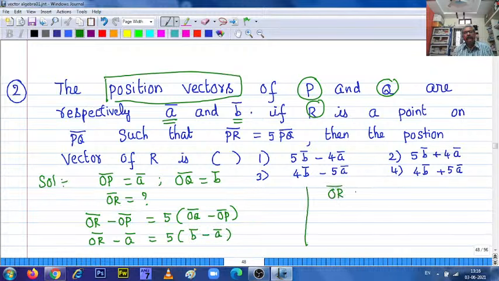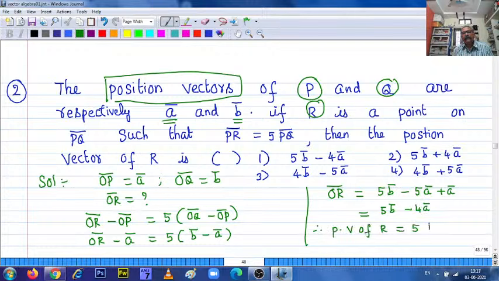OR bar is equal to 5B minus 5A plus A bar, so this is 5B bar minus 5A bar plus A bar, minus 4A bar. Therefore the position vector of R equals 5B bar minus 4A bar. This is the answer. That means the first option is the right option.